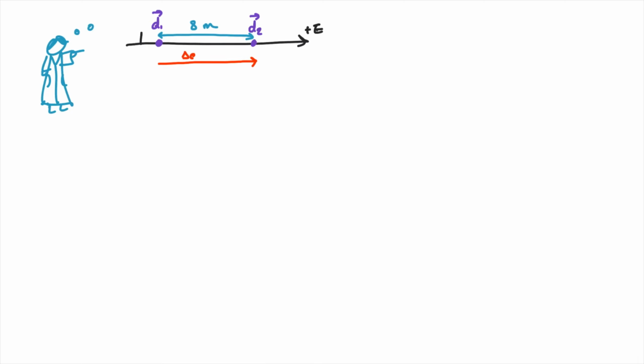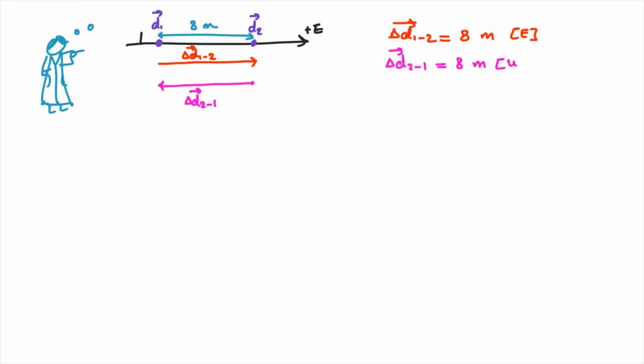Mr. S continued on by looking at another example. Here the change in position from 1 to 2 is 8 meters in the east direction. We can also look at the change in position from position 2 to position 1. This means if the starting position was 2 and the end position was 1, the runner would have run 8 meters in the west direction.